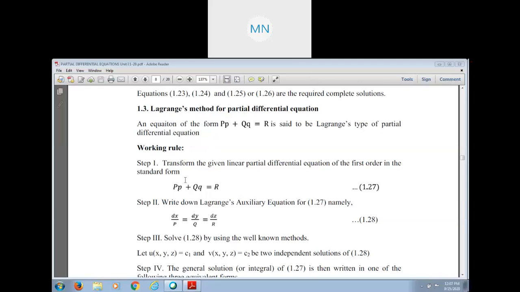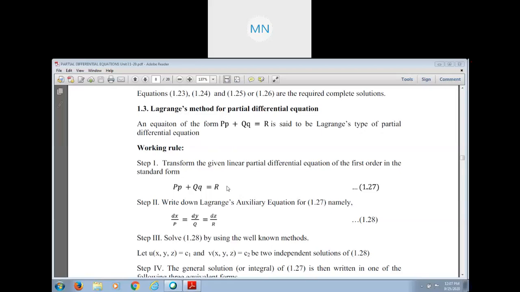This is actually a linear partial differential equation. Remember this: the Lagrange method is used to solve linear partial differential equations of first order.